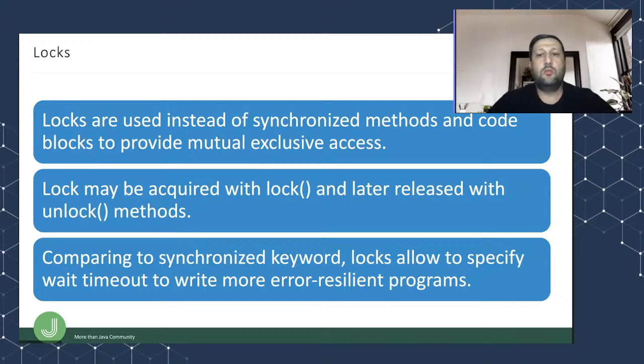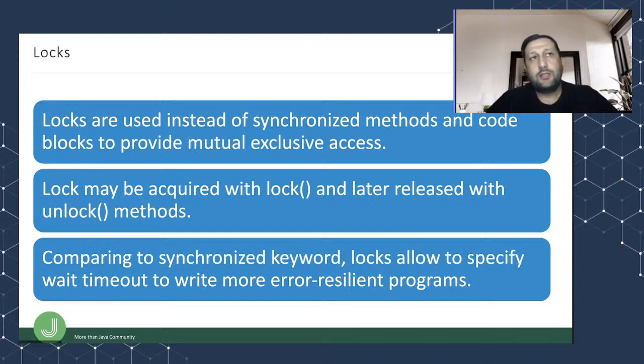Well, locks. Lock is a more flexible and sophisticated thread synchronization mechanism than the standard synchronized keyword. The Lock API interface provides more extensive operations for locking. There are a few differences between the synchronized keyword and the Lock API.